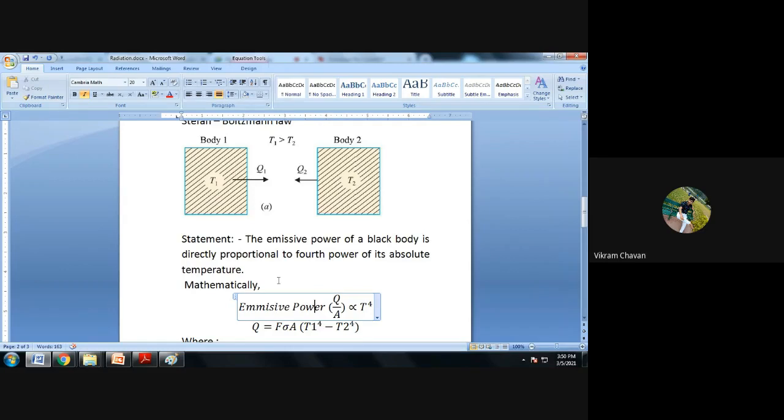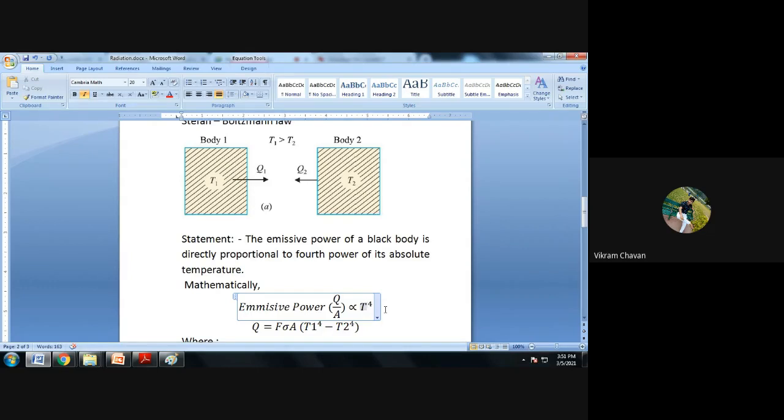So according to the Stefan-Boltzmann law, mathematically we can interpret this law as: emissive power is directly proportional to the fourth power of temperature. Now here, this temperature is not in degrees Celsius, it is in Kelvin.